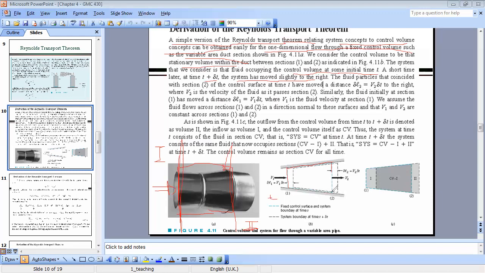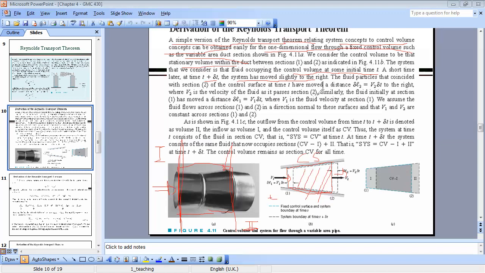So we can say that the control system can be defined here as this part. We have a certain part inside the control volume, a part that is trying to enter the control volume, and a part that is getting out from the control volume.